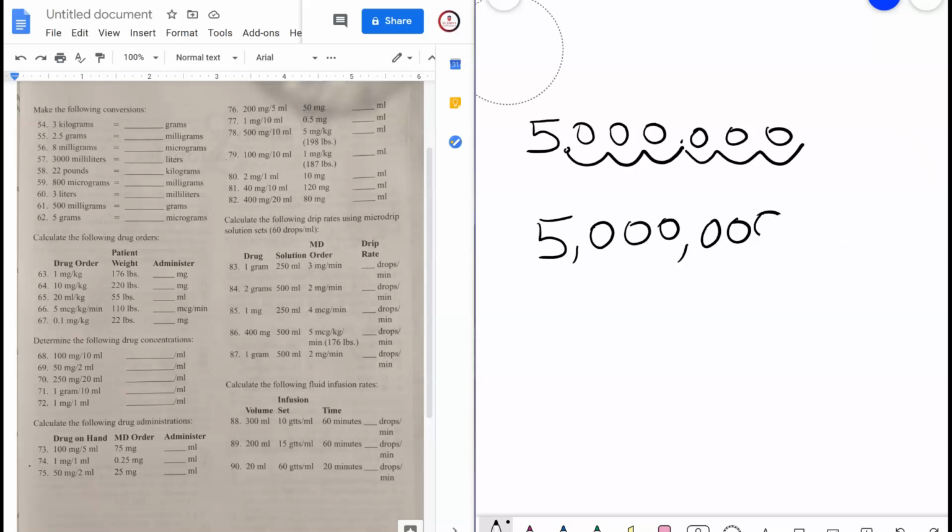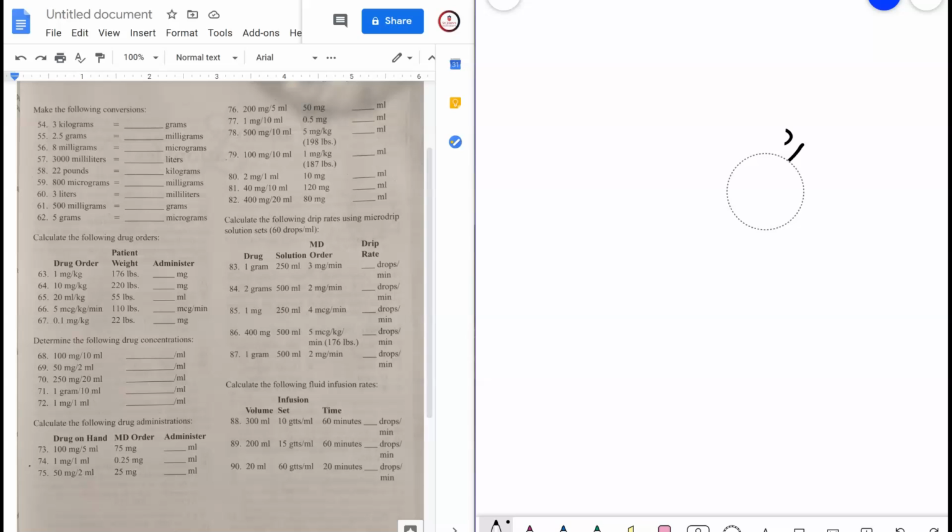All right, moving on to the next section. If you have a patient who weighs 176 pounds, how many kilograms are they? Because you need to figure out how many kilograms a patient weighs in order to do this appropriately.